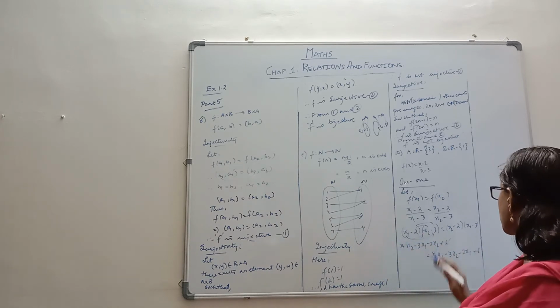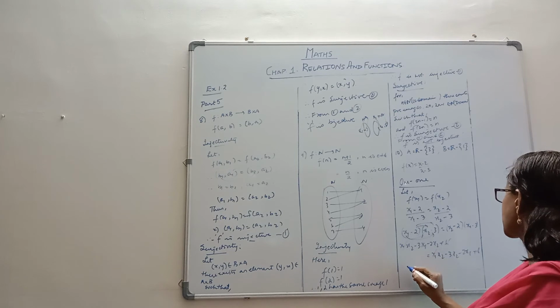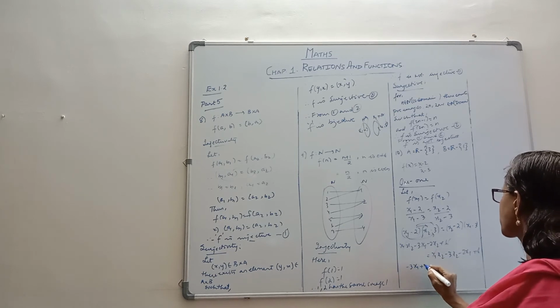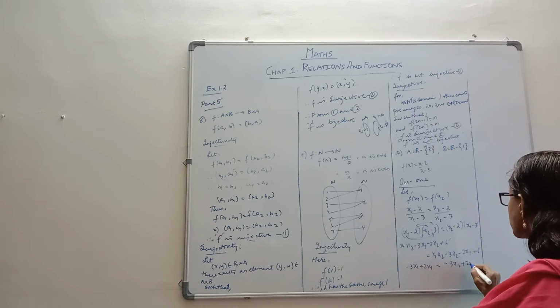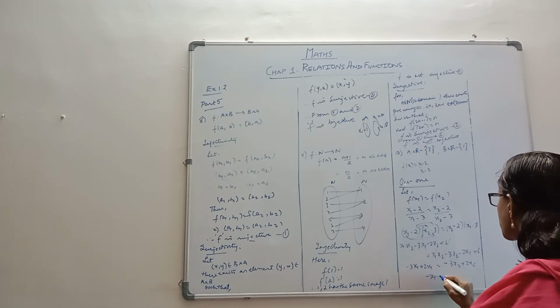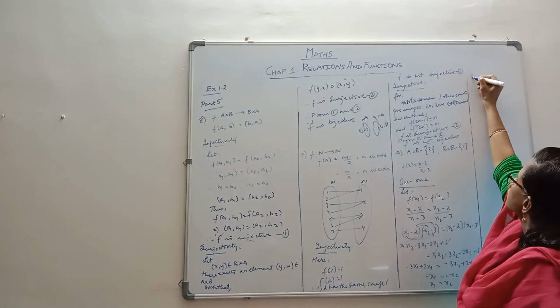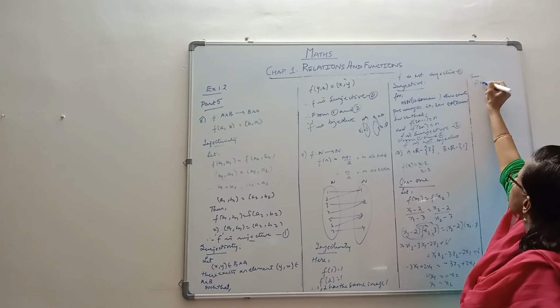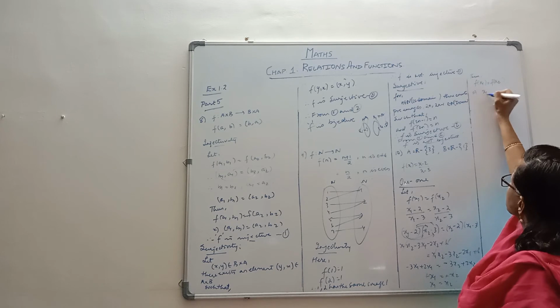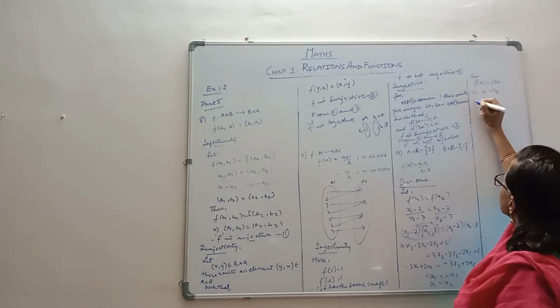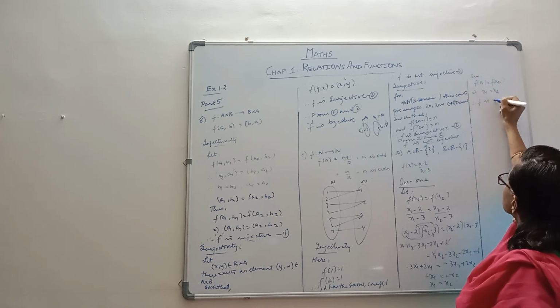We can have x1 coming on one side. So minus 3x1 plus 2x1 and minus 3x2 plus 2x2. So it is minus x1 equal to minus x2. That makes it x1 equal to x2. So we'll write thus f of x1 equal to f of x2 makes it x1 equal to x2. So it is 1 to 1.